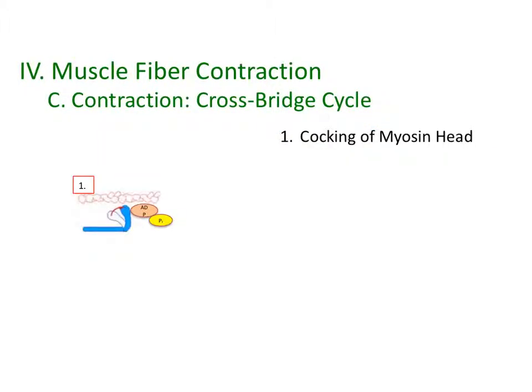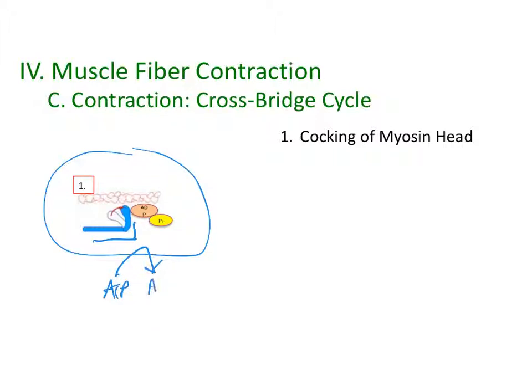Step 1 of the cross-bridge cycle is the cocking of the myosin head. So this is over on the left side here. Here you can see myosin in blue. And when ATP is hydrolyzed to ADP and phosphate, so this is ATP goes to ADP and phosphate, that energy that's being released from that hydrolysis causes the myosin head to go from its low energy state to the high energy state.